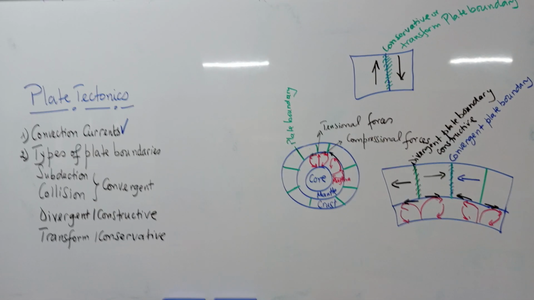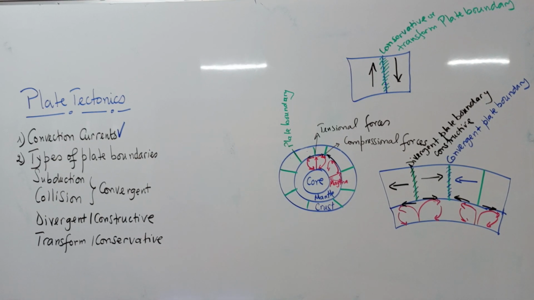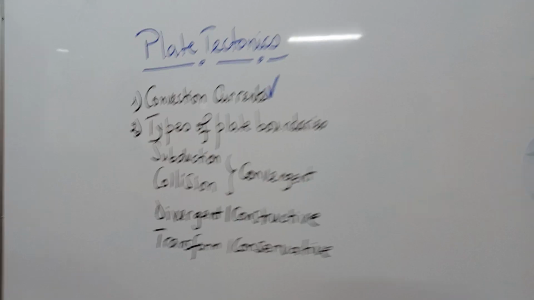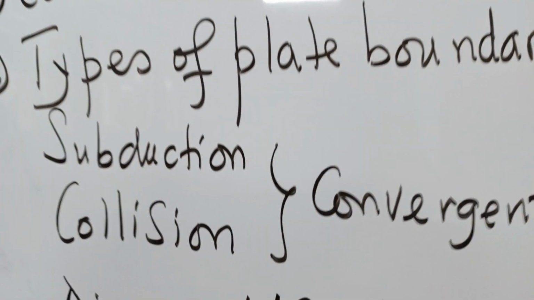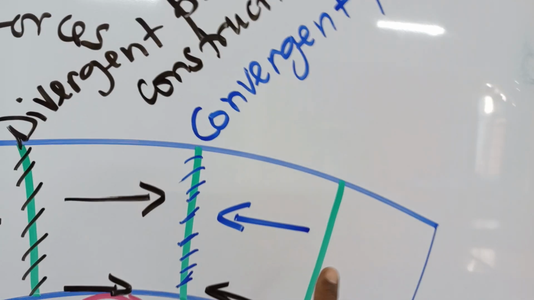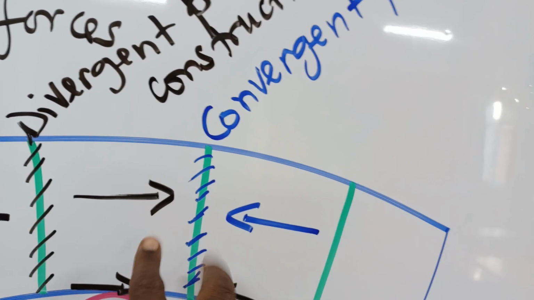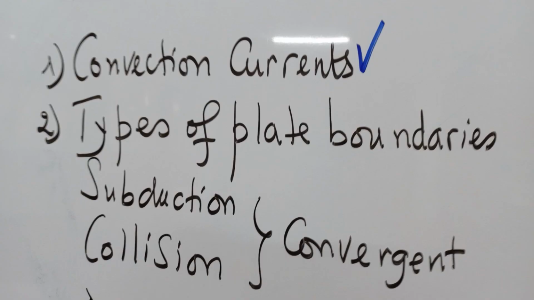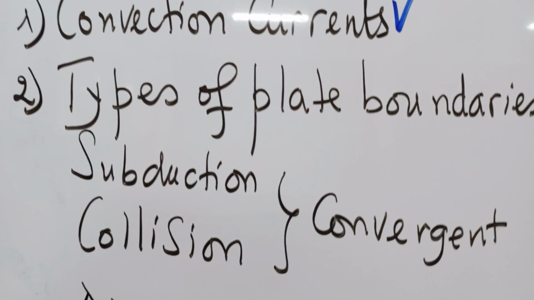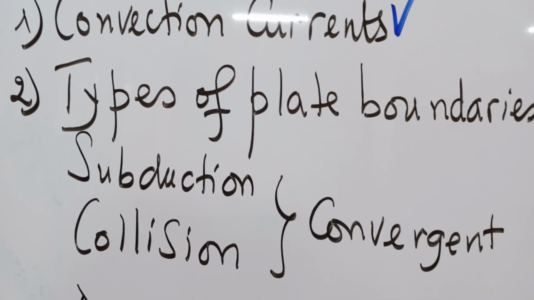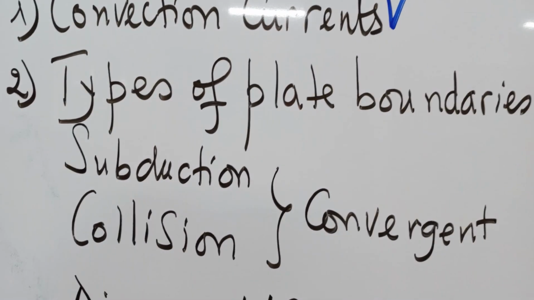Coming back to the types of plate boundaries, we see subduction and collision together. They both are called convergent plate boundary. It's because both of them can happen where two plates are joining, coming together, so they are converging. So the difference is when two plates have same densities, like both of them are continental plates, that time it is collision.